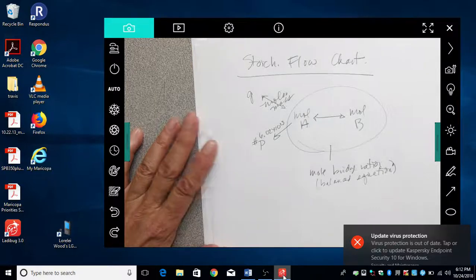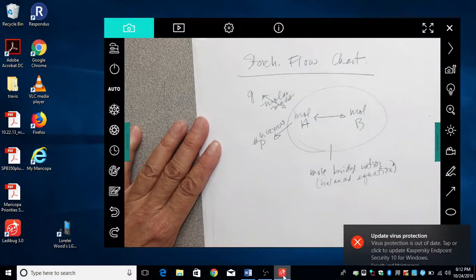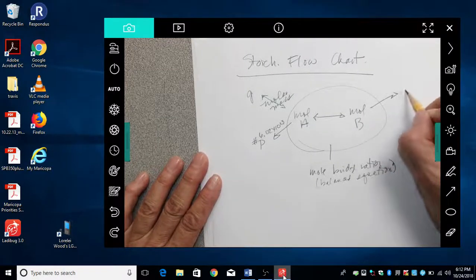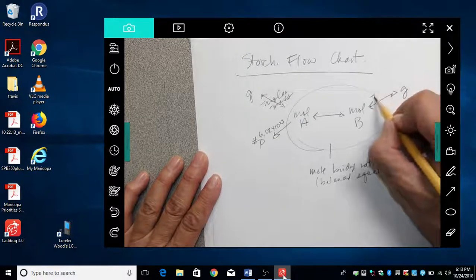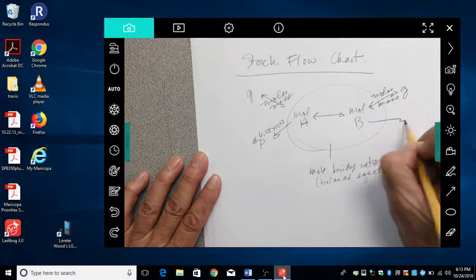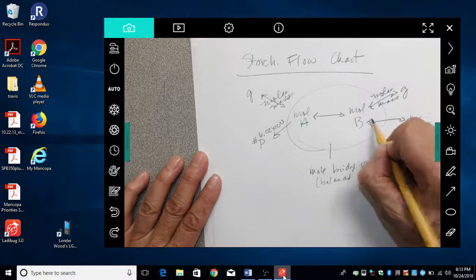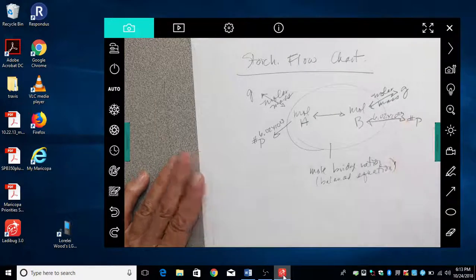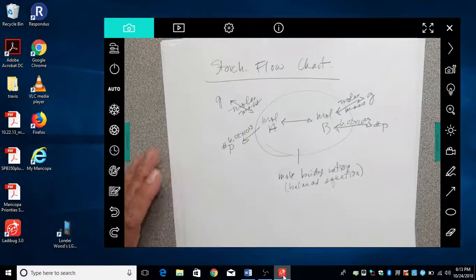I'm going to give you some examples of that in just a minute. Once you get to moles of B, you can use that information to get to the rest of the problem, which in this case could be grams of B, using once again the molar mass, or to number of pieces of B using Avogadro's number. All right, so there's our model. There's our stoichiometry flowchart as we're going to use it.